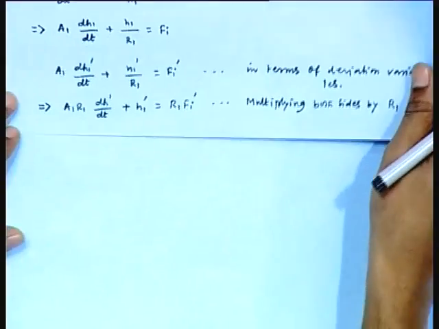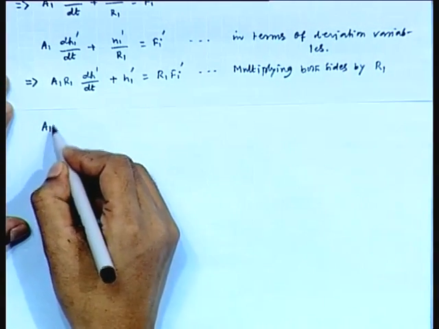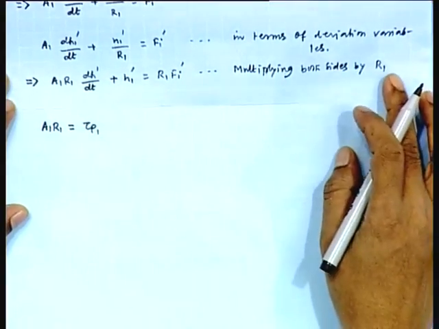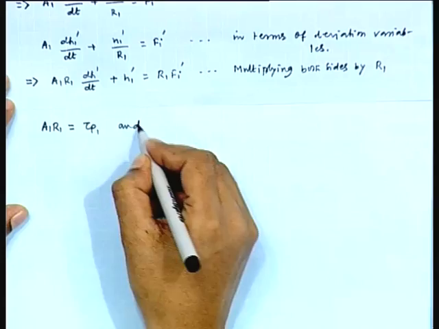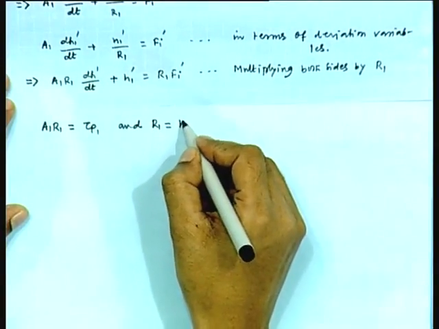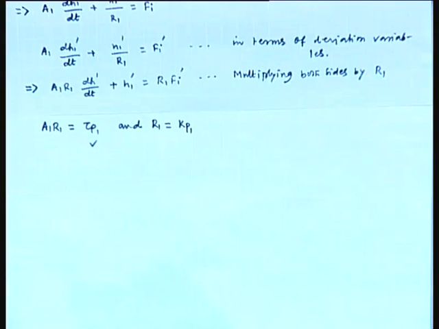Now, we will assume that A1 R1 equals tau p1, which is the time constant for the first tank, and R1 equals Kp1, the gain of the first tank.